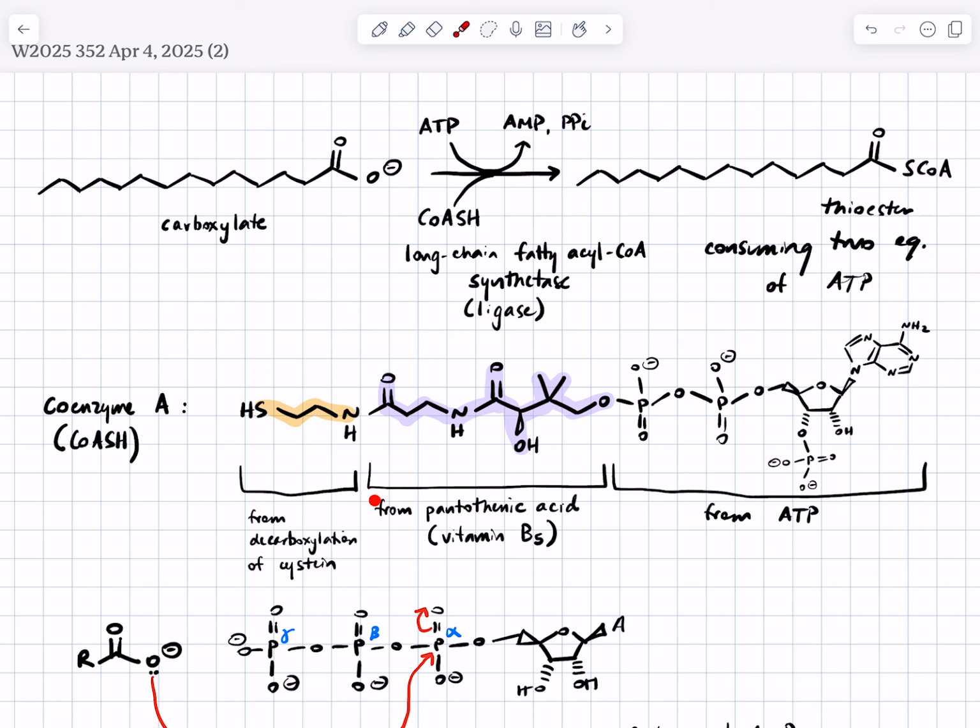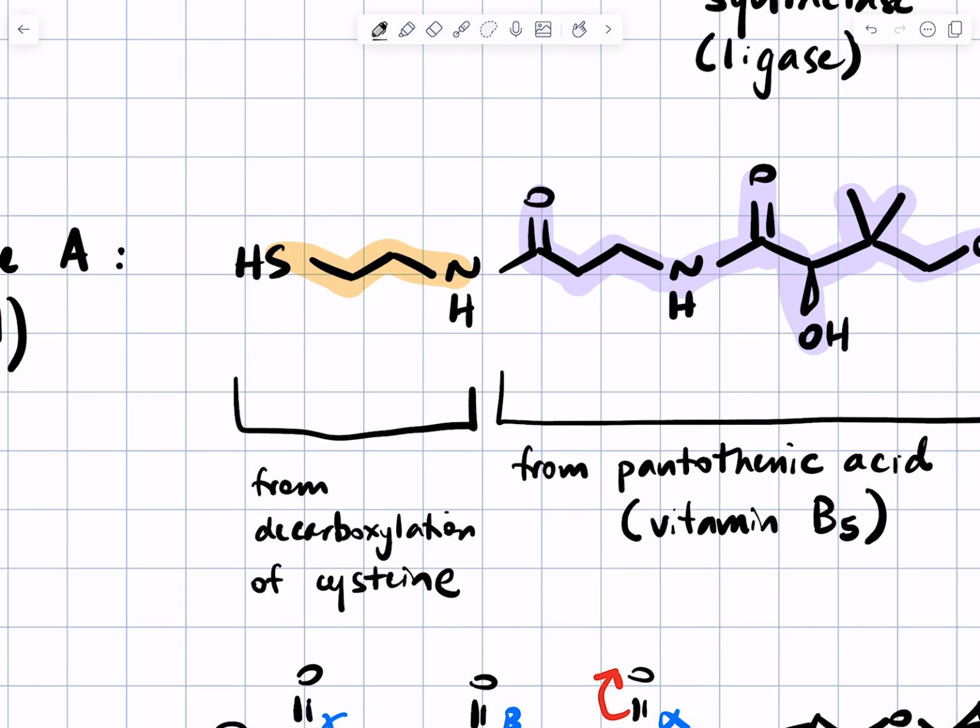The next segment highlighted in purple comes from pantothenic acid, which is vitamin B5, and you get that in things that you eat. So if you ever see vitamin B5, you can think, oh, that's how my body makes coenzyme A. And then this portion, the aminothiol with 2 carbons in between, that comes from the amino acid cysteine. If you imagine a carboxylate being on this carbon, then it's cysteine, right?